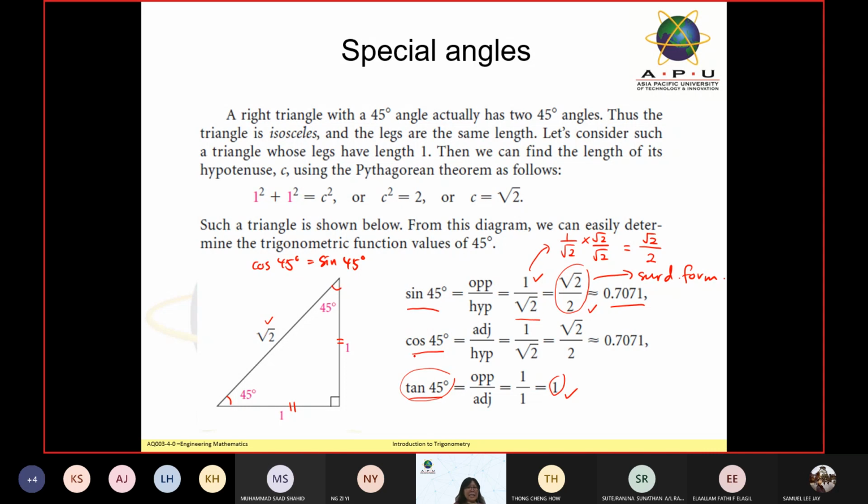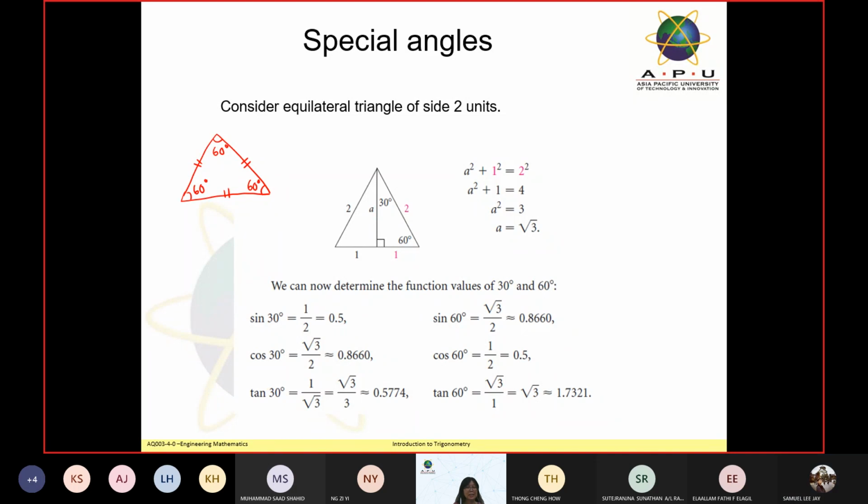As I say, because sometimes we will express our answer in surd form. Not all the trigonometric for any angles you can put in surd form, but for 45 degree, we can put it in surd form. So here I'm trying to tell you in surd form, this is the value. Do you get it, Samuel?